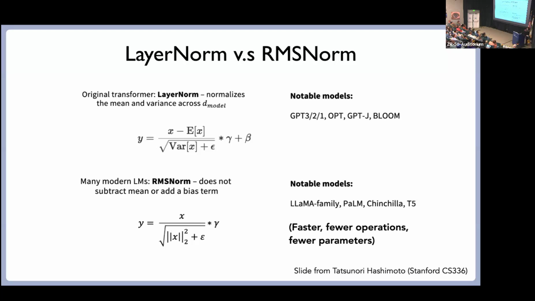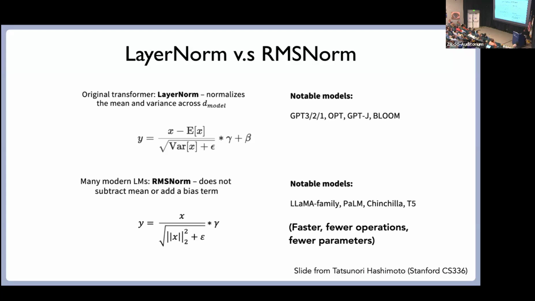Another thing that probably has the second-best consensus is layer norm versus RMS norm. As we saw earlier, layer norm does normalization based on the mean and variance, and there are two parameters, the weight and the bias.